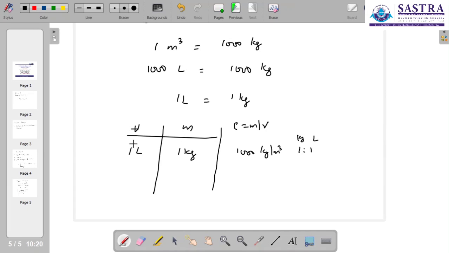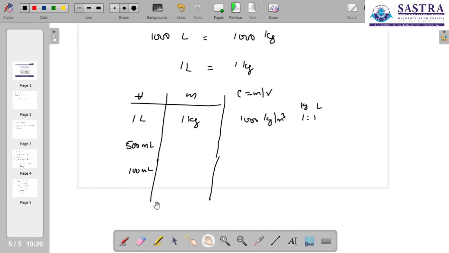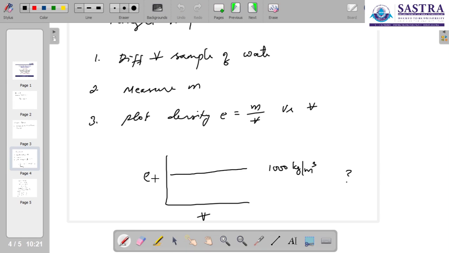Now if you do this exercise, let's say instead of 1 liter, if you take 500 ml, do you still get the same value? If you take 100 ml of water, do you still get the same? Now maybe then you will take 1 ml of water and then 1 microliter of water and so on and so forth. So if you do this process, do you expect the value to remain same? This is the thought experiment I want you to do.